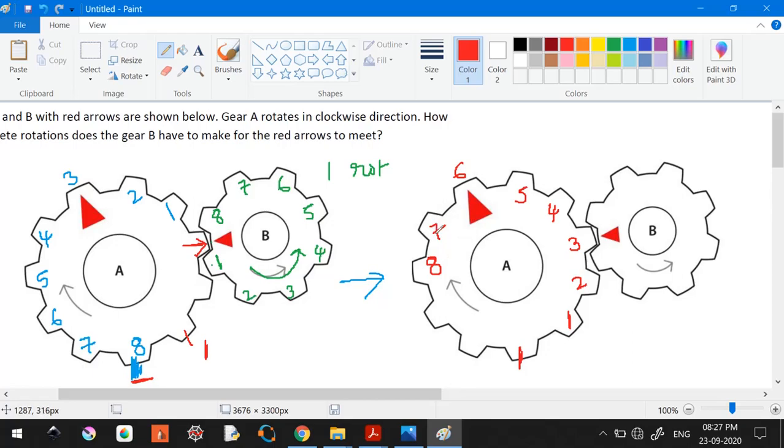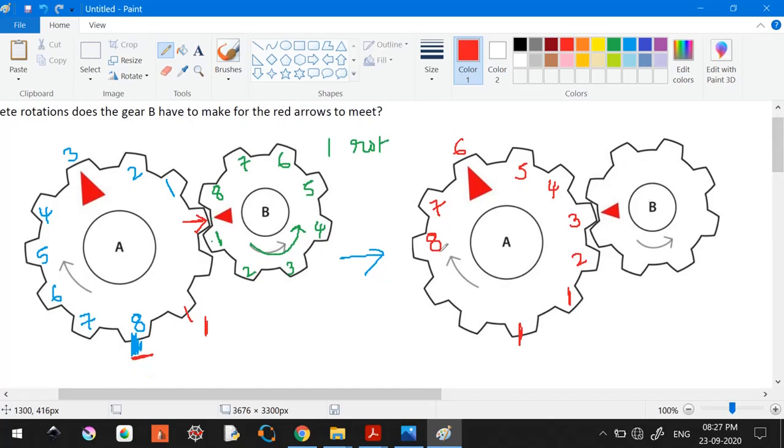So now the number has moved to this particular thing, right? Okay, so now you can see, yes. So now the stop is somewhere 2, 1, 2, 3, 4, 5, 6, 7, 8.